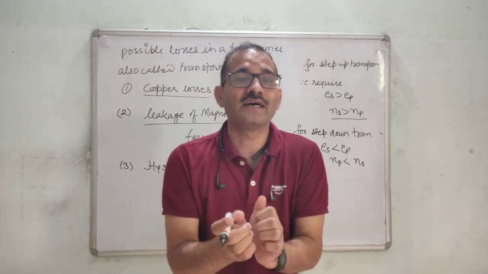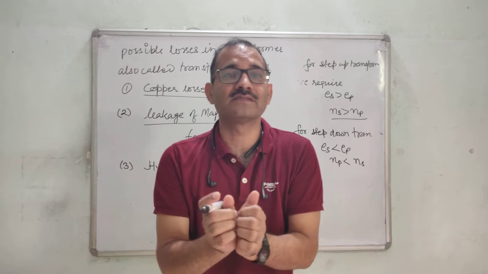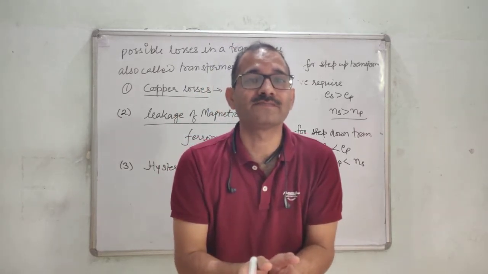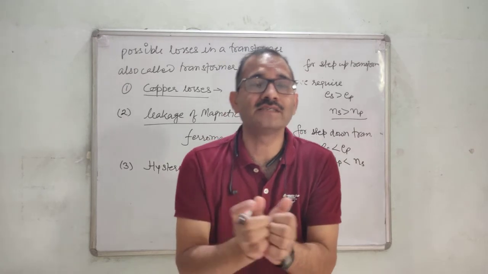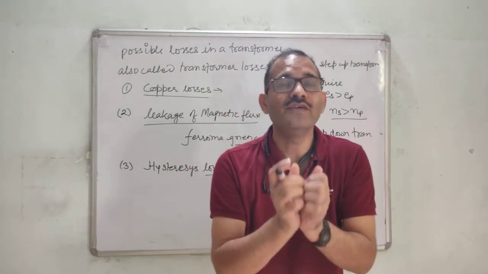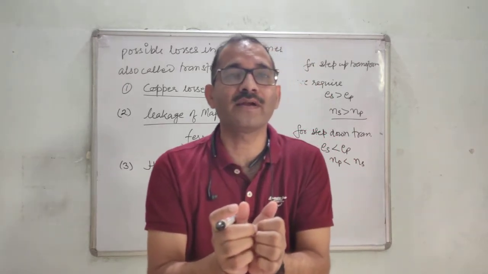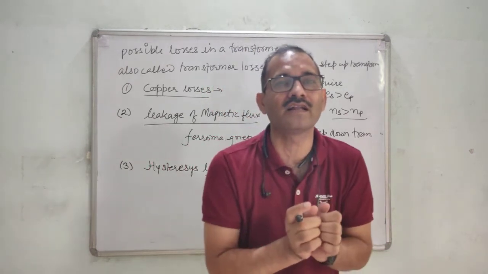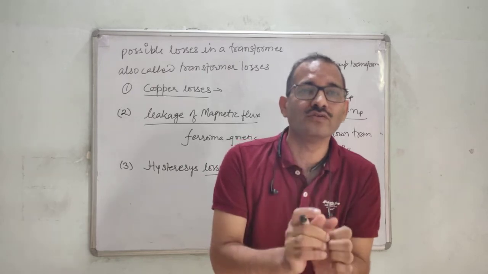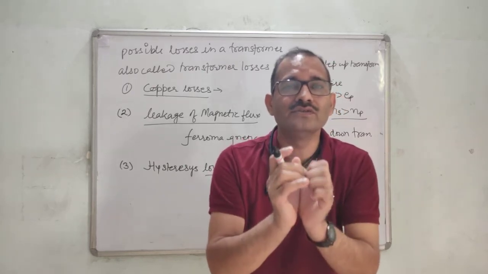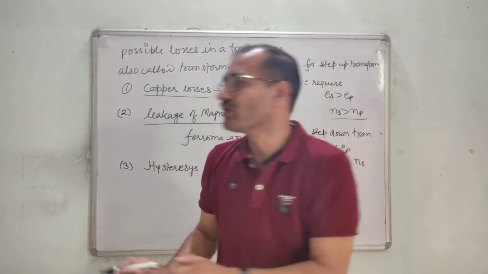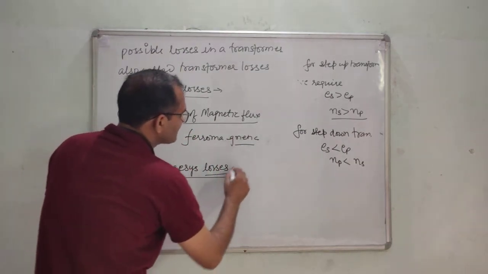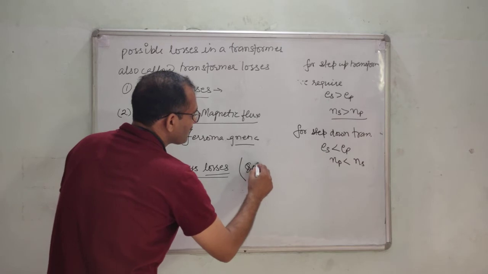This means a hysteresis cycle takes place, in which the hysteresis losses occur. To minimize the hysteresis losses, we use the type of ferromagnetic material which has a small area of hysteresis cycle. Therefore, we use a soft iron core. This hysteresis loss is minimized using a soft iron core.